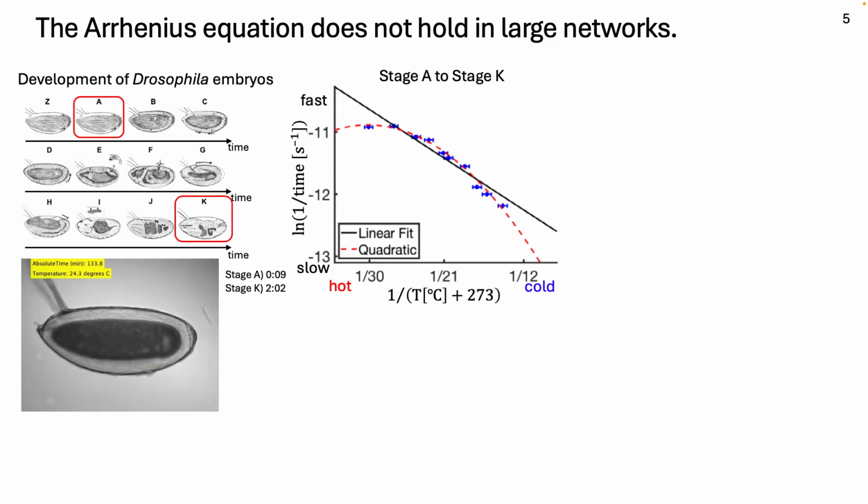The right figure is the Arrhenius plot of the developmental system. The x-axis is 1 over temperature, and the y-axis is log of 1 over time.